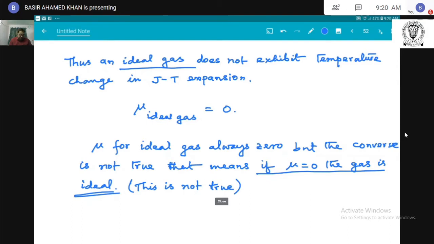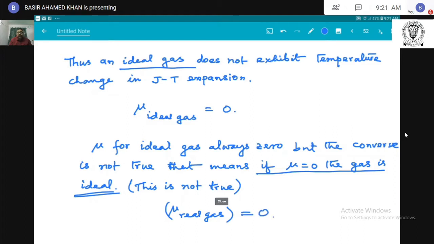because for a real gas, suppose under a condition I calculate mu for a real gas and under a particular condition it becomes 0.